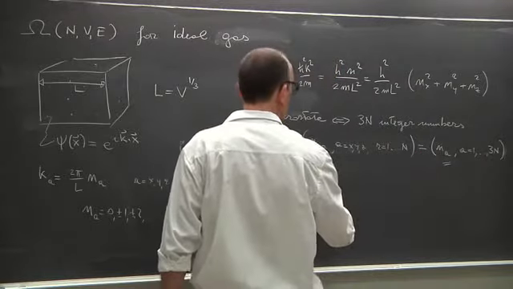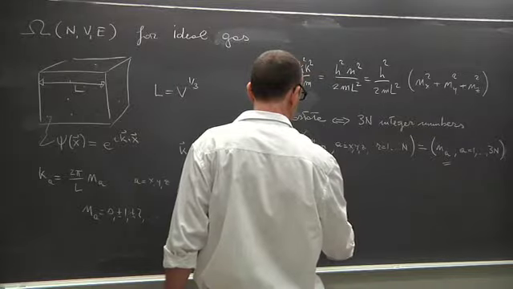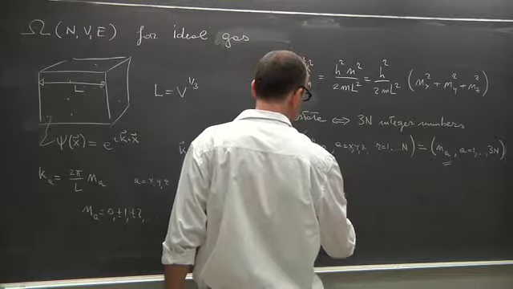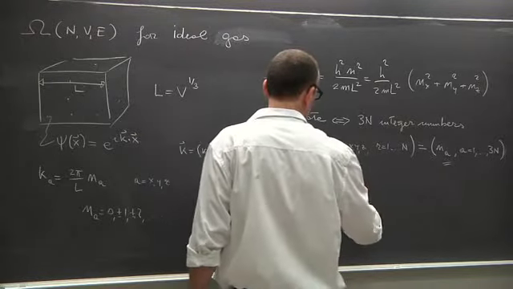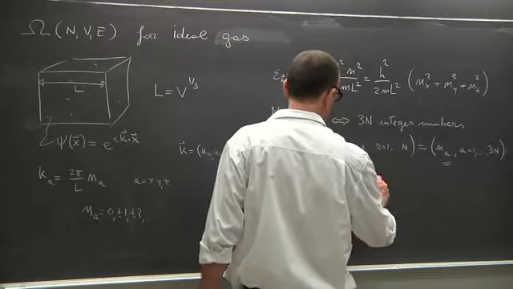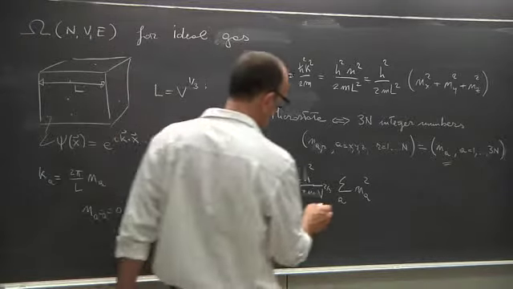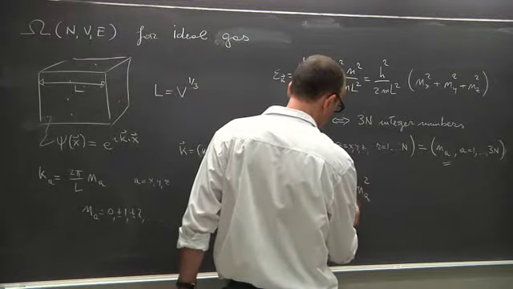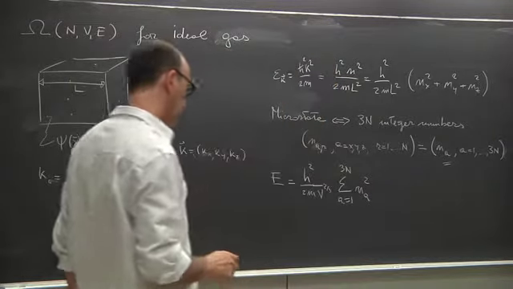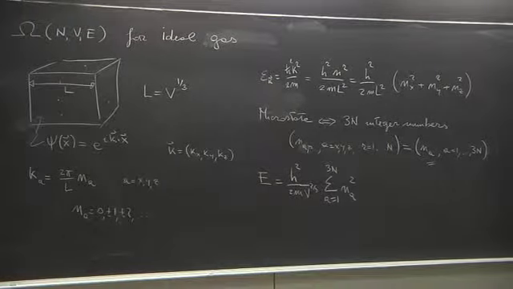So it will be just h squared over 2m, times the volume to the power of minus 2/3, times the sum over all a of n_a squared, where a goes from 1 to 3n. This is the energy.